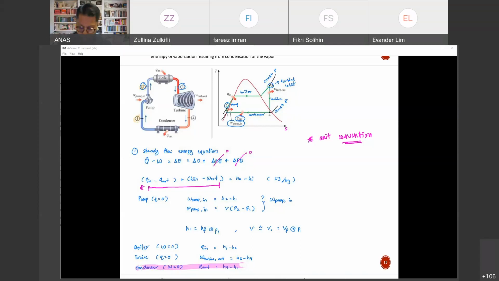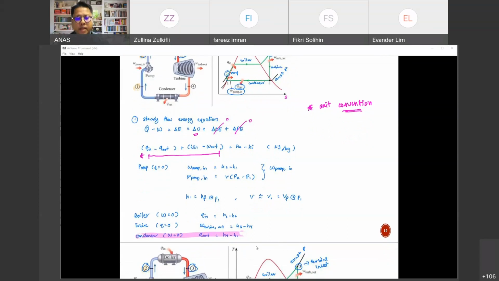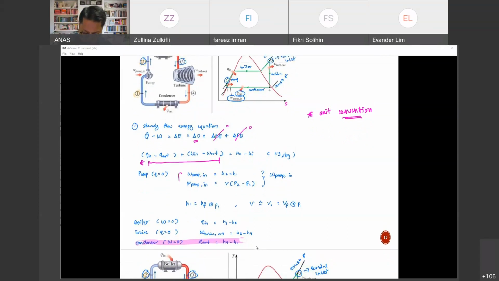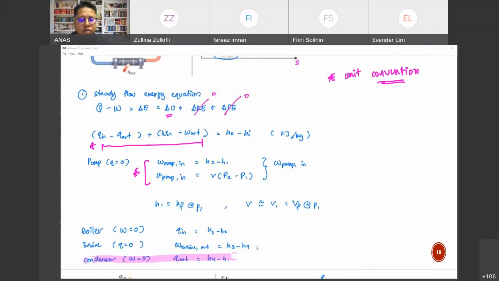Okay. So from here, this delta U can basically be equated to enthalpy exit minus enthalpy inlet. And then for the pump, this is important because we will be using this a lot. For the pump, we can calculate the work involved using two equations.